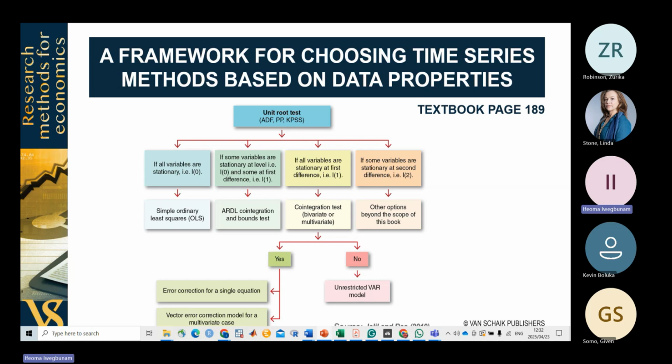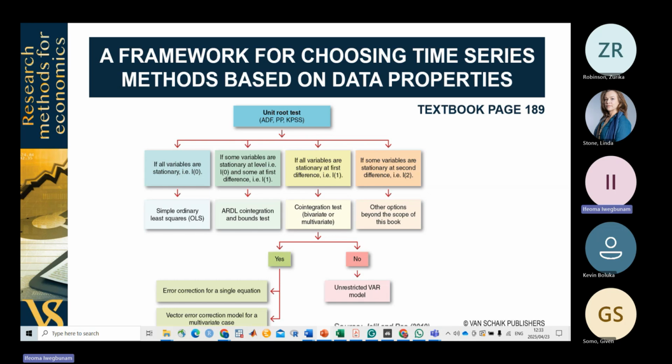Then we look at the framework for choosing a time series method based on data properties, which I've somewhat explained before. Here we start from the unit root. We can do the ADF, the Phillips-Perron or the KPSS, depending. Again, this is time series data, and one needs to be very careful to observe the data well because of the problems associated with time series data, and also depending on how well the model suits.